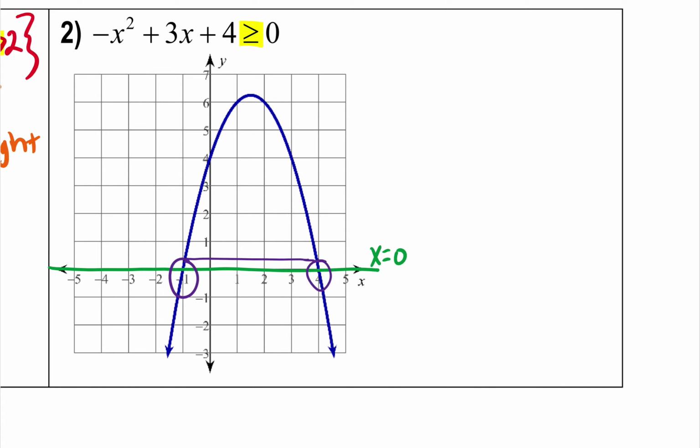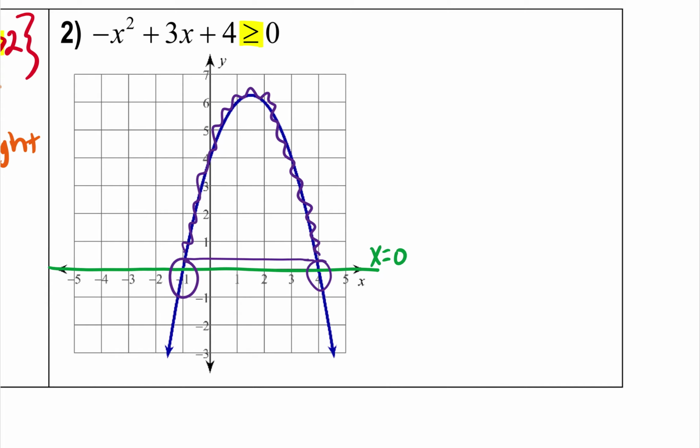All of that area in between negative 1 and 4 is above 0, right? So that means I don't want the left or right, I want the middle. So in this type of question, you're only going to have a left or right as one answer, and the only other option is the middle. So you're going to be split or together. In this case, it's together. So these answers we write a little bit differently.